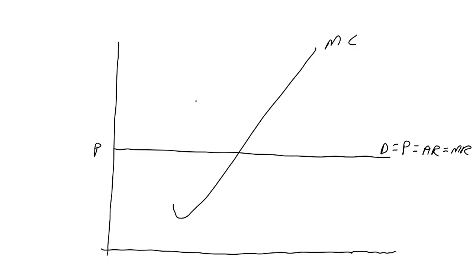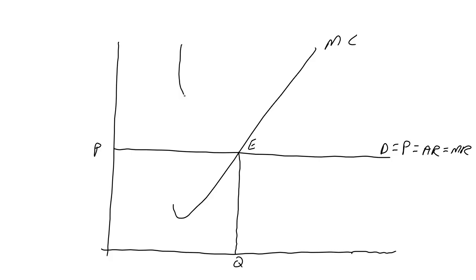I want to show loss. That means it has to be above the AR curve. Where are we at equilibrium? Our equilibrium point, E, is over here. That means ATC has to be above, something like this. Remember, it has to be a U shape, and try to keep it away from the MC.